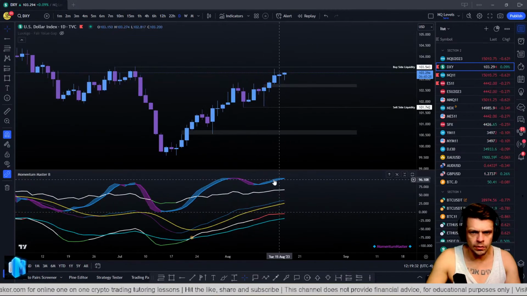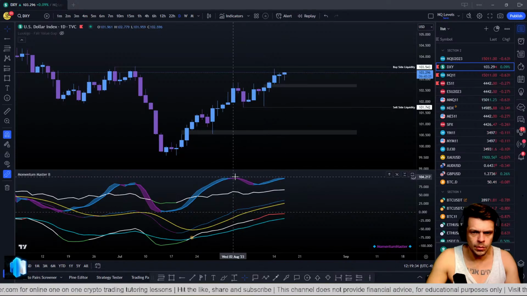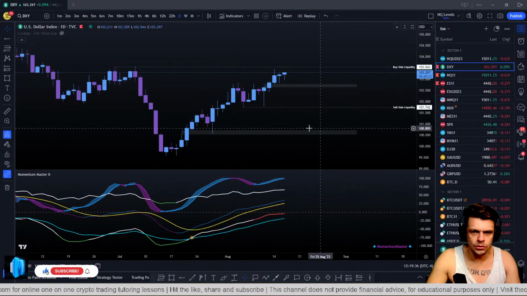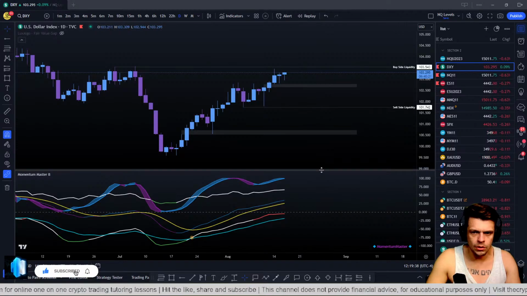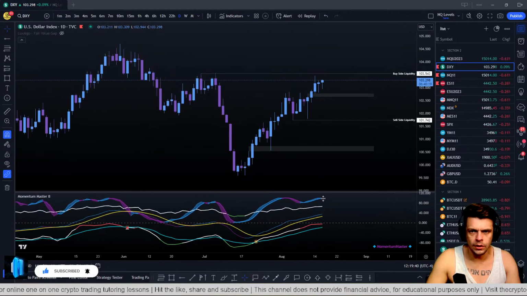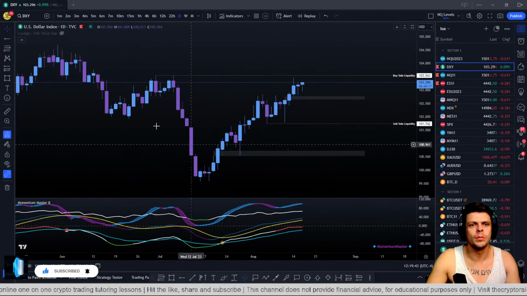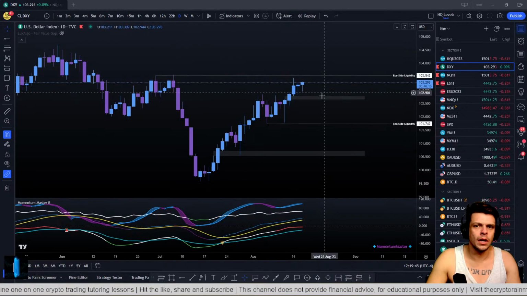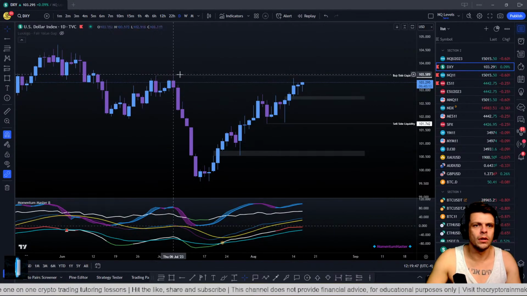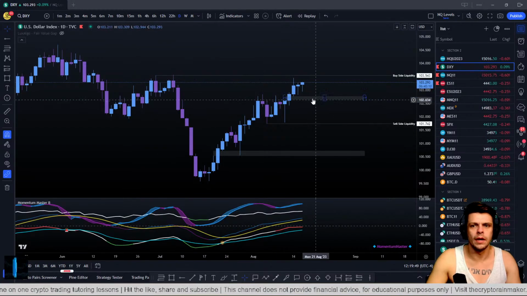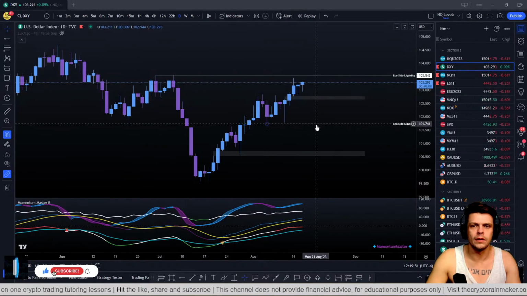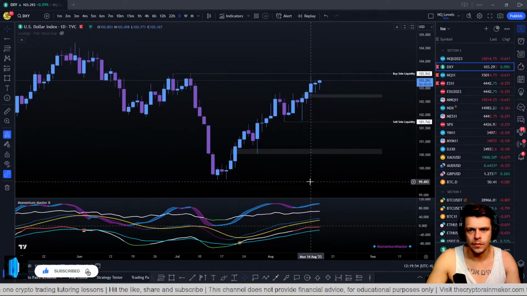It looks like a bit of a divergence on the stochastics RSI. So everything is overextended on the dollar, on the Momentum Master B. But like I said, I think the draw on liquidity for the dollar is above these highs, and then this imbalance and the sell side liquidity right here.